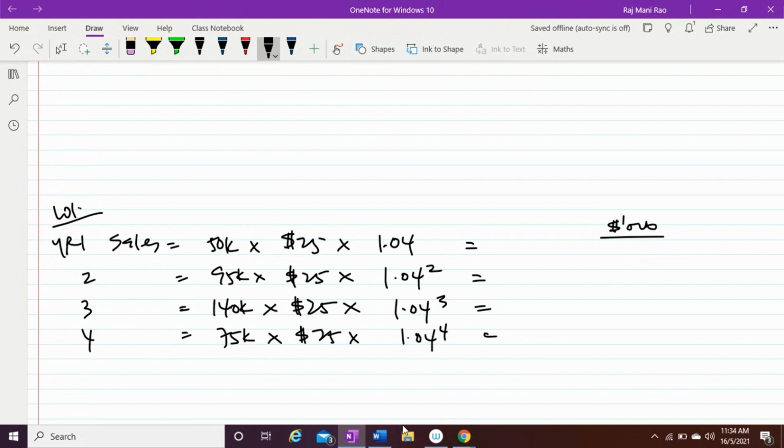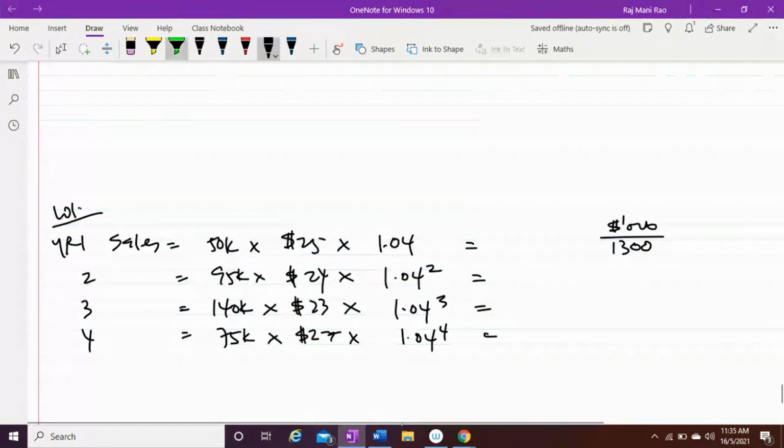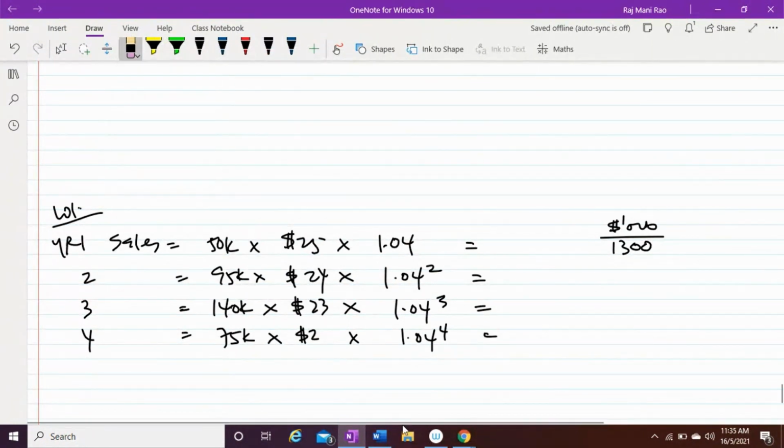Okay, 1, 3. Year 2. Come on, year 2. Oh, the selling price is wrong. Sorry, my selling price in year 2 is 24. Sorry, mistake. 24, 23, 23. It's a different selling price.